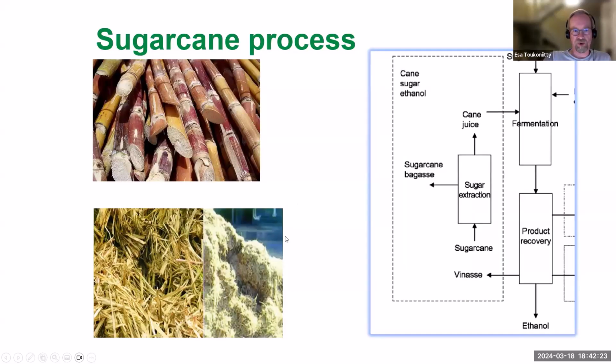So the sugarcane process, this is now showing the lower left corner of that bigger picture. And graphically, it starts by sugar extraction. So when the sugarcane or sugar containing plants are produced, the juice is squeezed out, which is rich in the regular sugars.